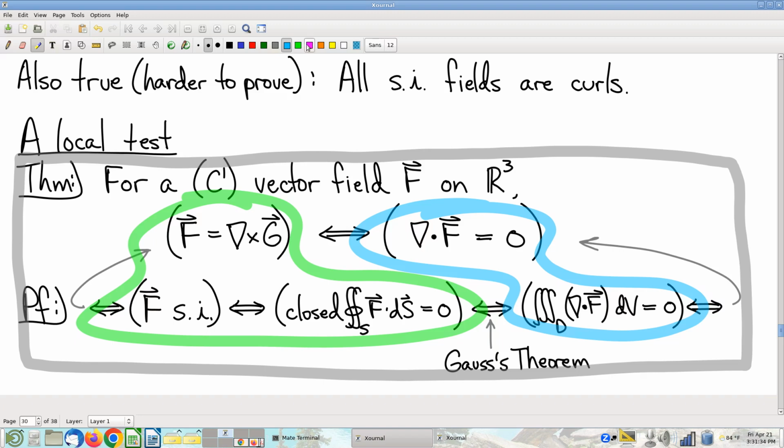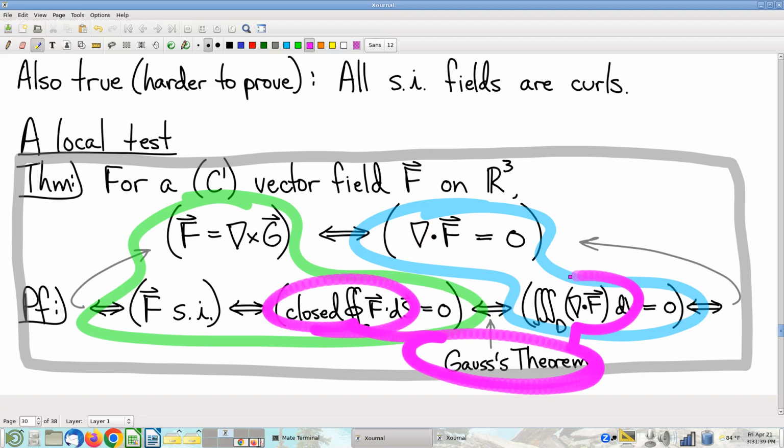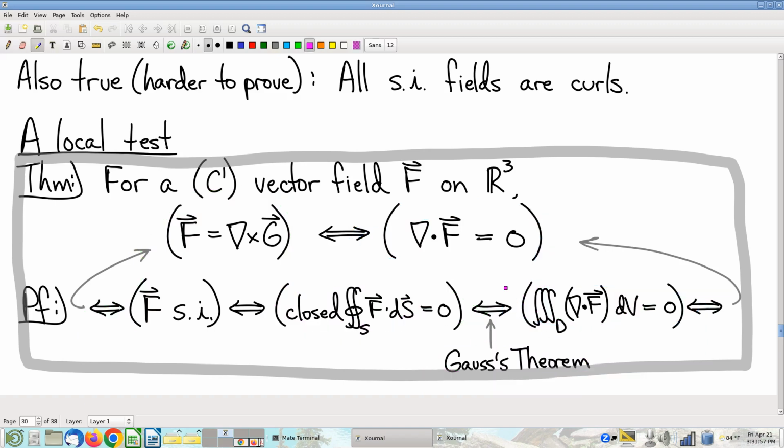So these two are connected by way of Gauss's divergence theorem, which says that all closed fluxes can be viewed as triple integrals of divergence. So the layout on the page, again, totally analogous to a similar argument that we made about path independence, aka gradients. And punchline being that we have our local test.